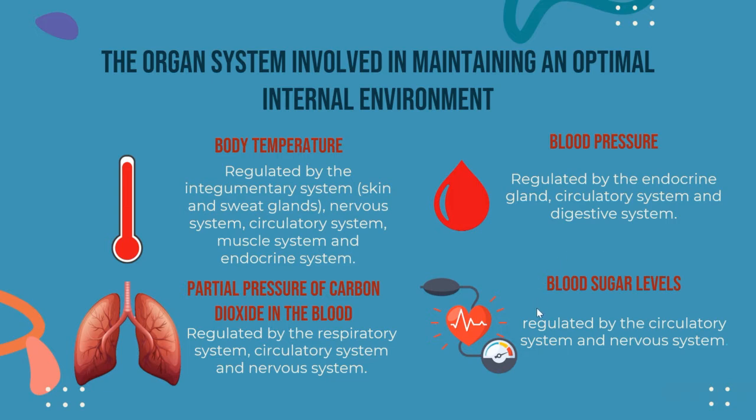And the last one is blood sugar level, or blood glucose level, regulated by the circulatory system and nervous system. All of these are the organ systems involved in maintaining an optimal internal environment.